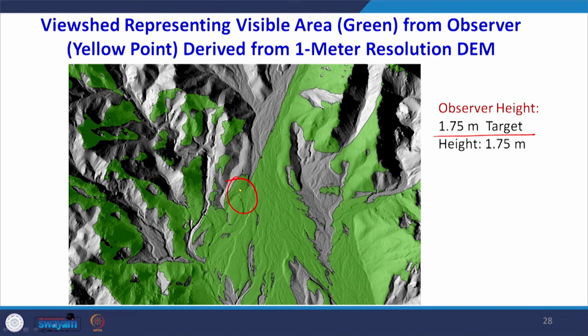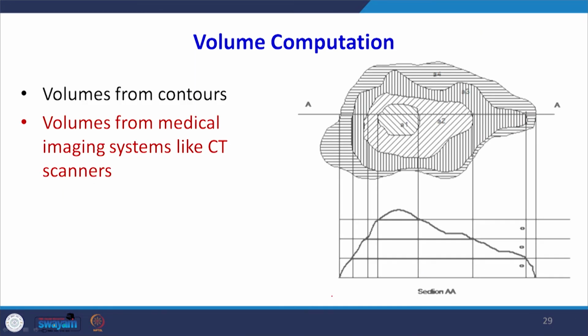From that particular height, how much area would be visible, which areas are obstructed from the vision, which are the areas a person can see all around. This kind of study is also very useful when we want to decide an optimum site for an airport in order to have the maximum visibility.